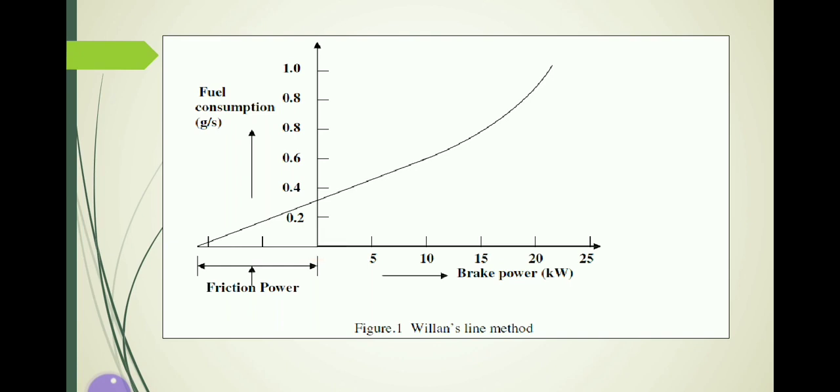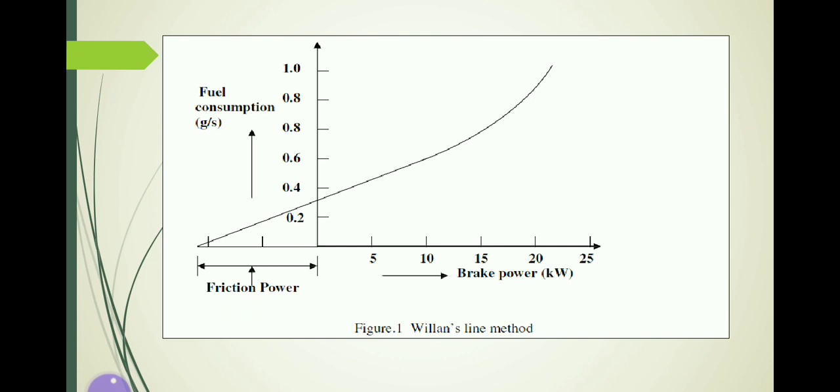Because brake power is nothing but the total amount of useful power available at the shaft. That means the first initial power which is going to be produced is completely going to be wasted for overcoming the friction which takes place inside the engine. So that power which is wasted is nothing but the friction power, and before the point at which we get the first brake power, the energy is wasted as friction power.